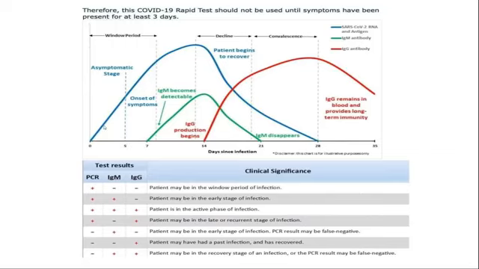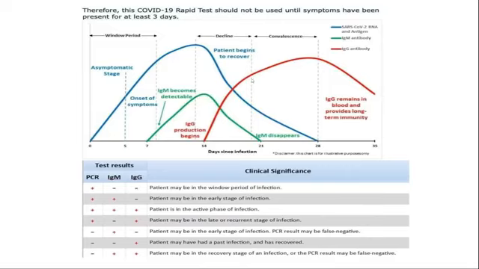Even before the symptom onset, you'll start getting the antigen or the RNA, and around 7 days of infection, you will get IgM, and a week later you will get IgG.